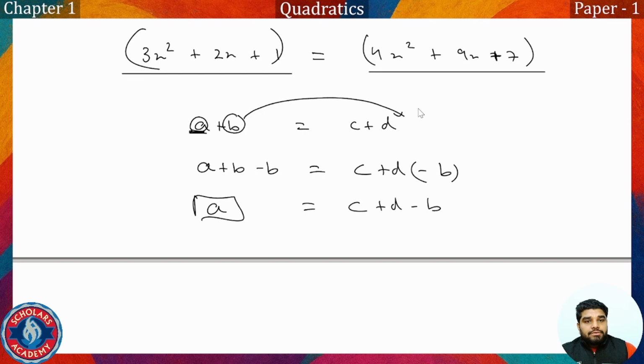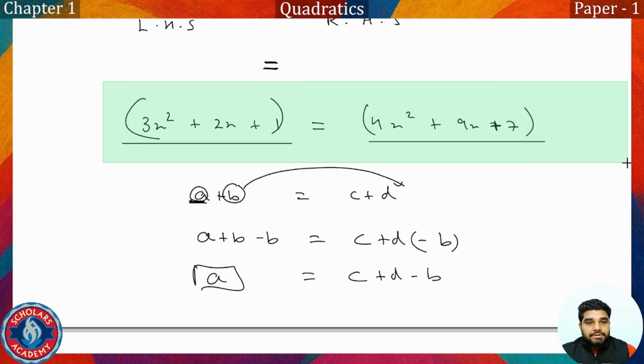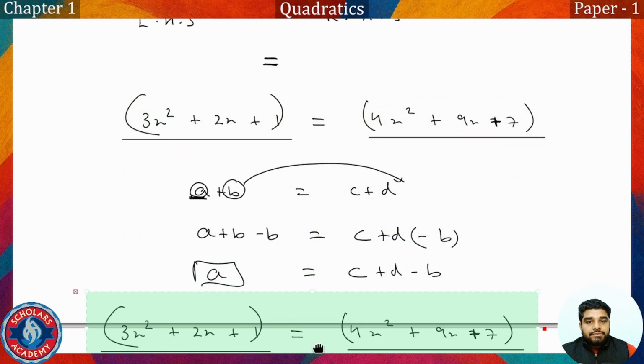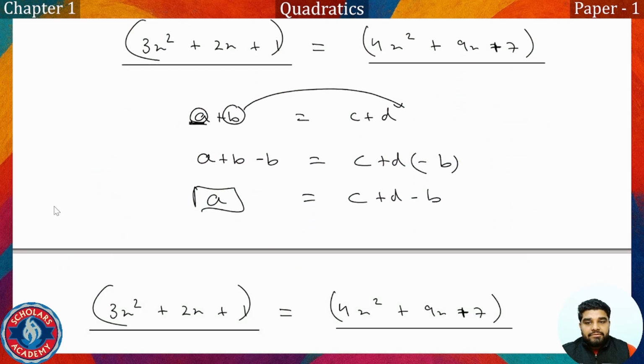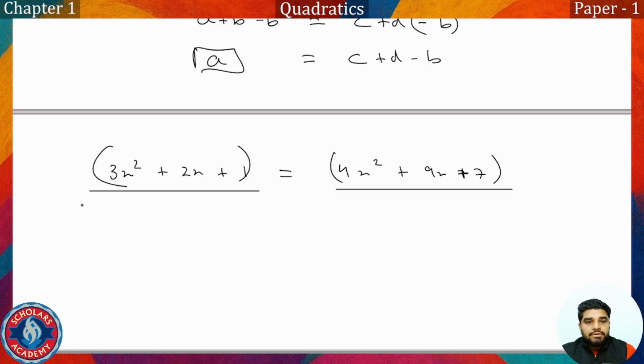If I want to apply this same result on the equation which I wrote earlier, to simplify it and equate it with 0, I will take everything to the right hand side. So 0 will be equal to 4x squared minus 3x squared. It was positive over here, coming to the other side it becomes negative. Plus 9x minus 2x plus 7 minus 1.